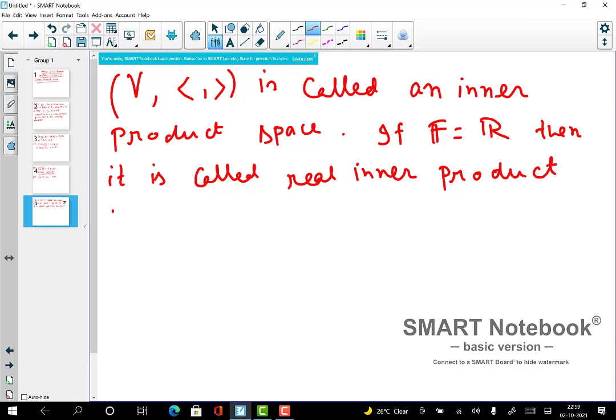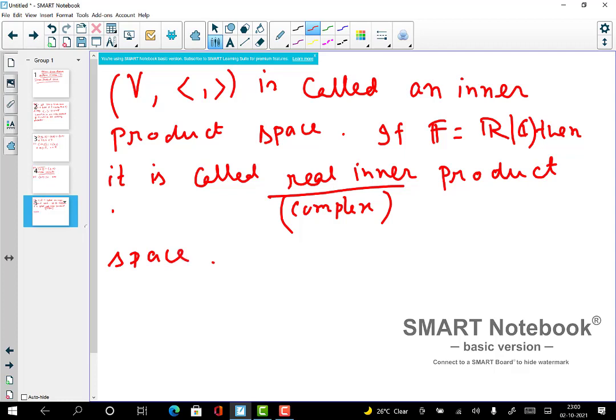Or maybe I can say C, or C in brackets. So then we call it real or complex in brackets. In the case of R, it is called real, otherwise it is called a complex inner product space.